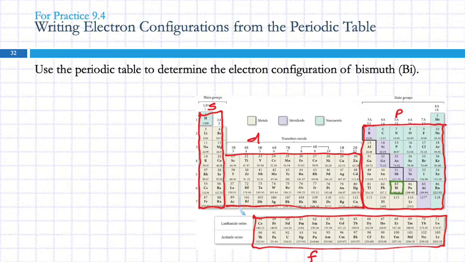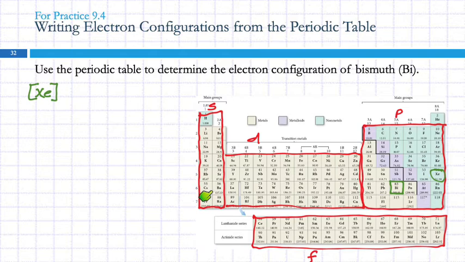Because that's going to be a lot of stuff. So here's bismuth, and to find the noble gas, we're going to go up and to the end. So this is the noble gas that's next smallest, right? So then we've got xenon in brackets. What comes after xenon? Well, we're going to come over here.